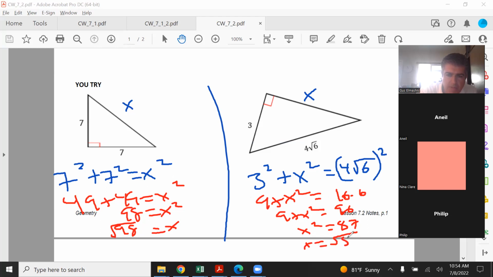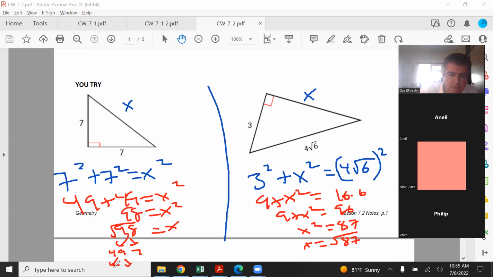However, we want to simplify each of these if we can. Let me try to do that right. 4 root 6. Yeah. Minus 9. Yep. Now, 98 can be broken down as 49 times 2.